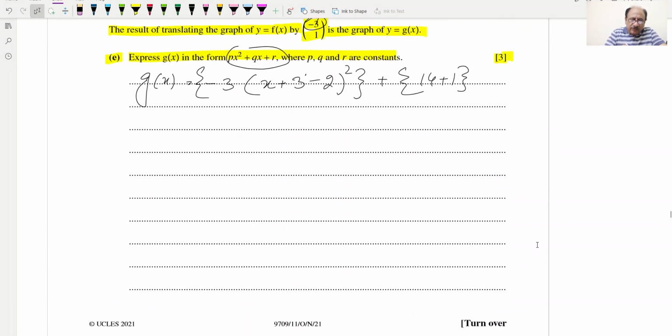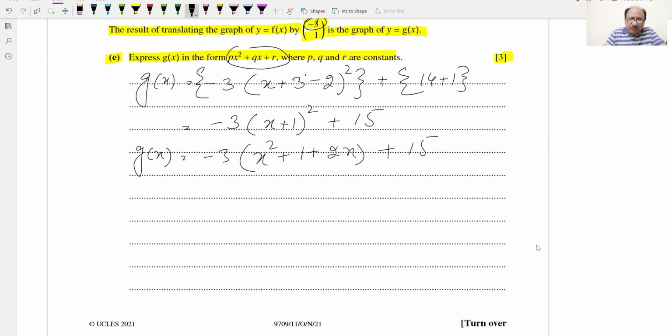Hopefully you understood this. Now we have to simplify this. Minus 3 as it is, and (x plus 1) squared, and plus 15. And further, we can open the bracket, so g of x will be equal to minus 3 into (x squared plus 1 plus 2x), we have opened the square, and plus 15.